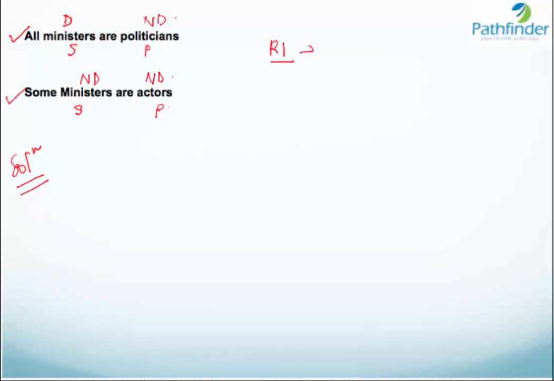But what is rule number 1? Rule number 1 applies only to the common term. And what is our common term? Our common term is ministers. Now we can see that ministers is distributed in statement number 1. So I can say ministers is distributed in statement number 1. So rule number 1 follows.